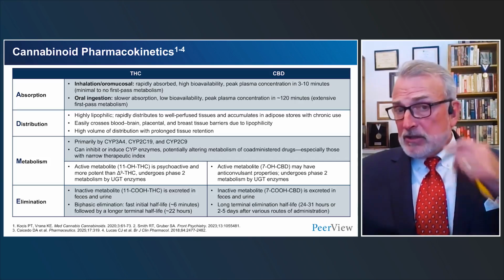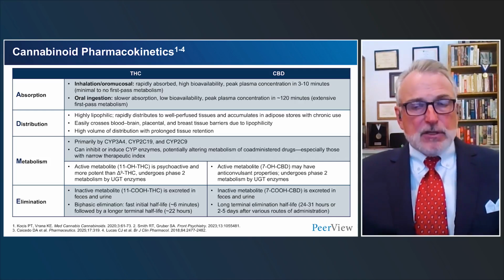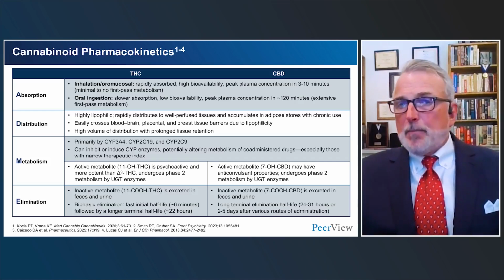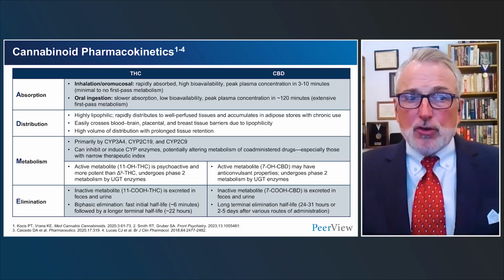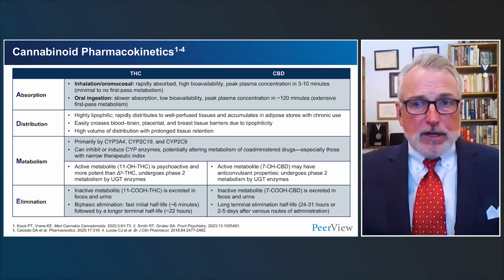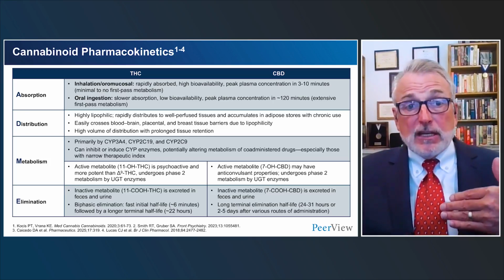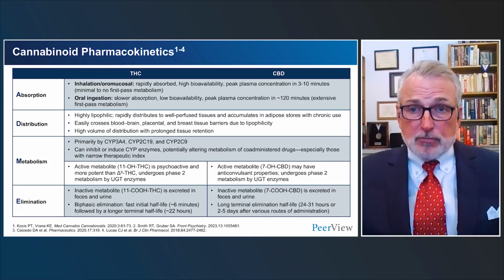What's interesting is that those three enzymes are responsible for metabolism of about 60% of our prescription drugs. So you can well imagine that they can potentially interfere with the metabolism of prescription drugs.